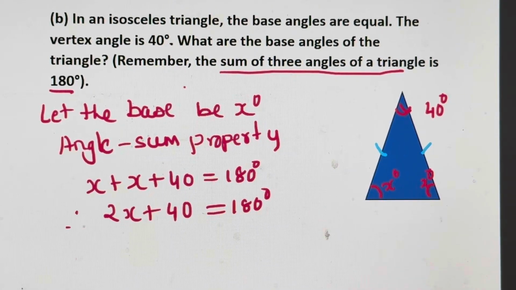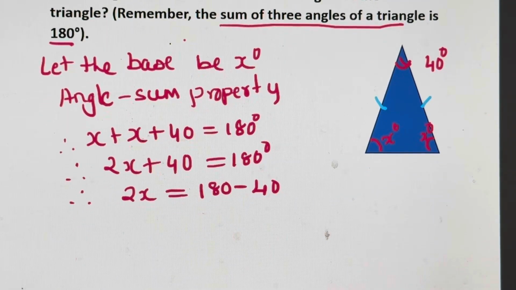Now we take 40, we transpose it. 180, it is plus 40. So it becomes minus 40. Okay. So 180 minus 40 gives you 2x. You write as it is till we keep solving this side. So that is 140 degrees. Now 2x means multiplication.